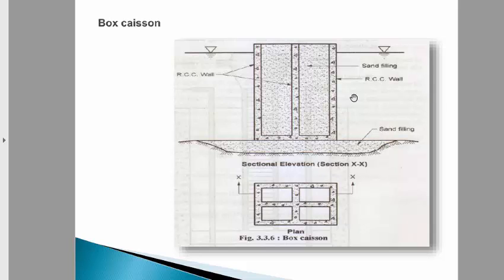In the box Caisson, first of all we take a section and decide the plan section. Then we create an RCC wall like a box.